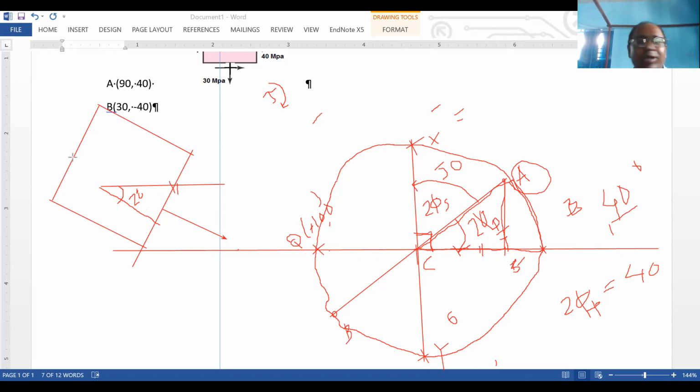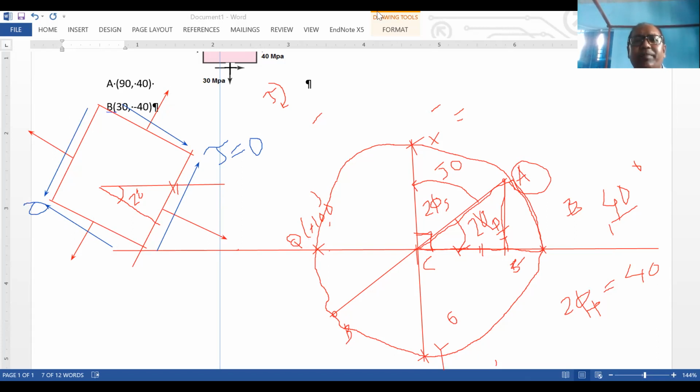So obviously, this end has sigma 1, and over here obviously this is sigma 2. Then you have sigma 2, and tau over here is 0, right? But if you want, you can still show it. You can say this is tau, head to head and tail to tail. Over here I am showing tau, but this tau has no head. Then you say this is the orientation of the principal plane.